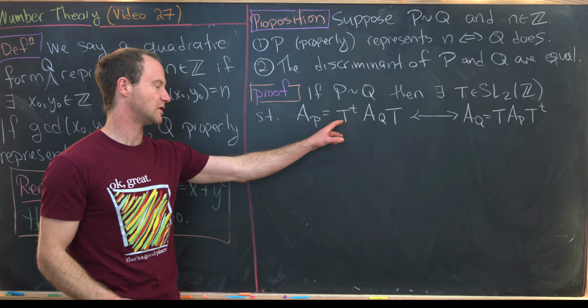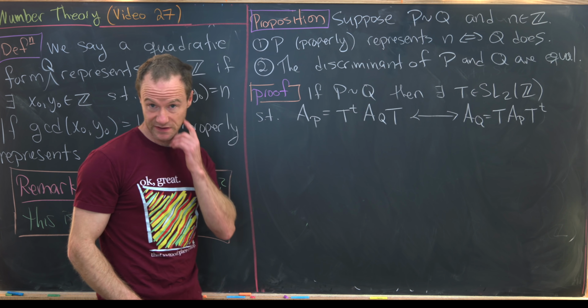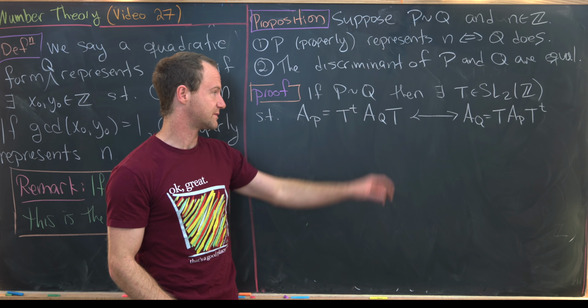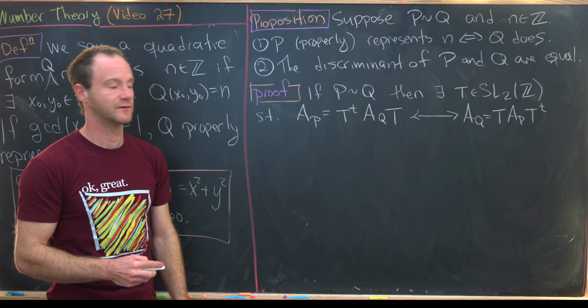Just by left multiplying by T, which is T transpose inverse, and right multiplying by T transpose, which is T inverse, like we had discussed before.